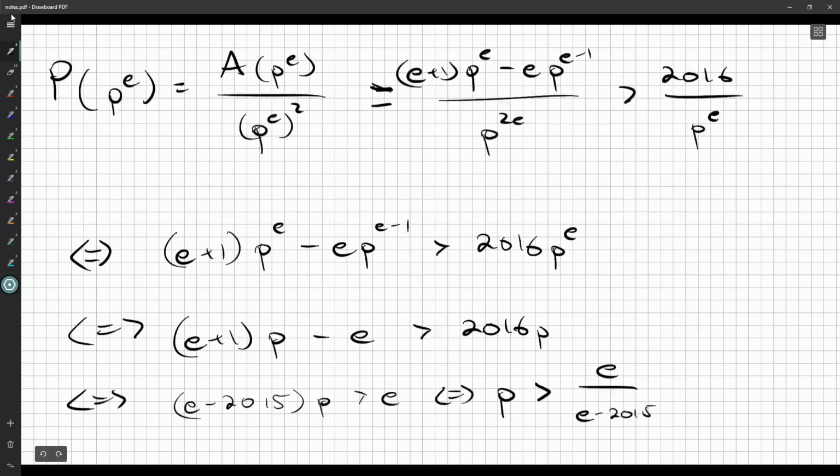I sort of chose an E value here. 2017 might not be the lowest prime that does this. But we've got one that works, which is nice. What else could we do? Could I find a way to make 2 work? So I like this equation here, E minus 2015.